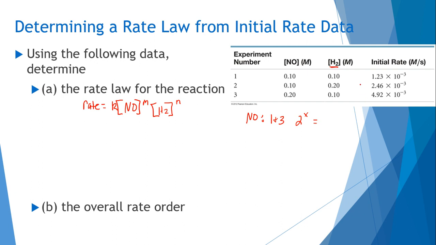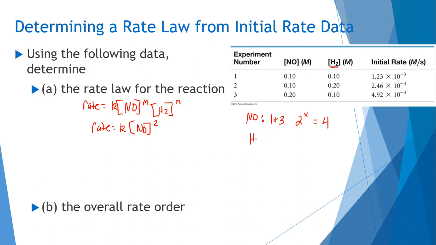And then we have to focus on the rate. Well, if we take 4.92 and divide it by 1.23, we're going to notice the rate quadrupled. So 2 to what power gives me 4? And we're going to see that 2 to the second power will give me 4. So NO is a second order reaction.